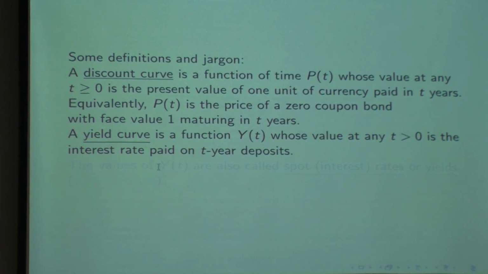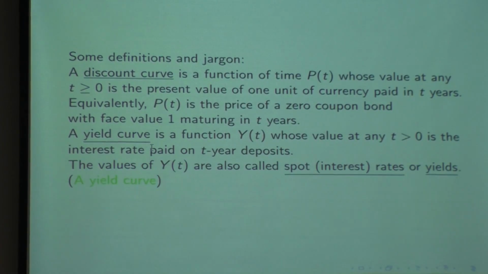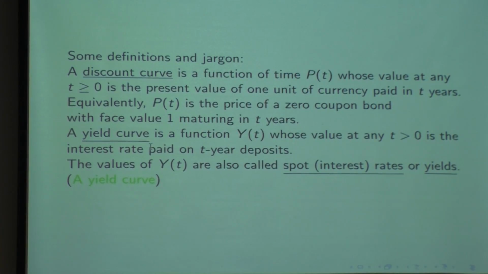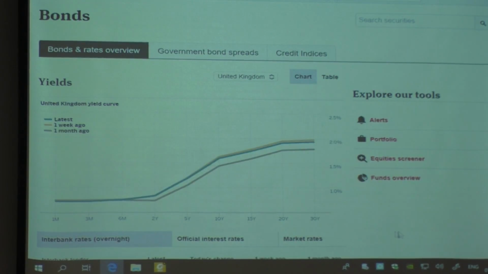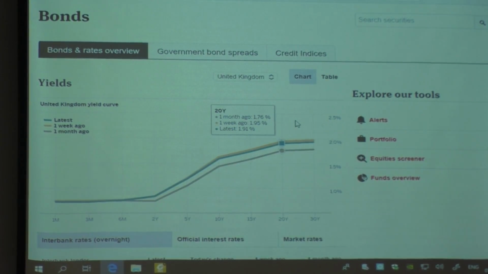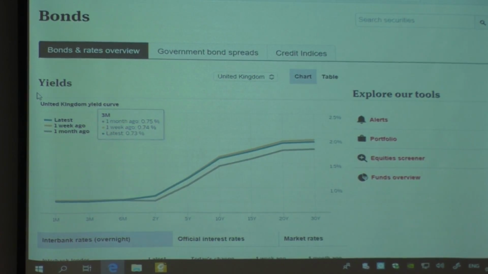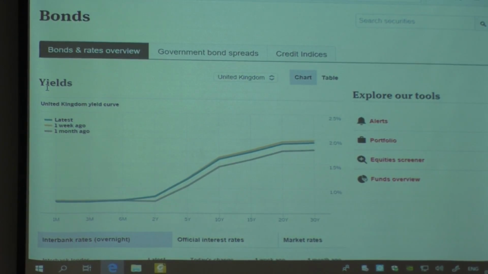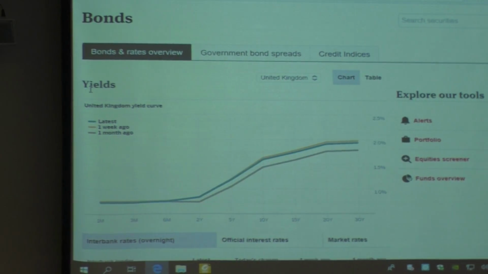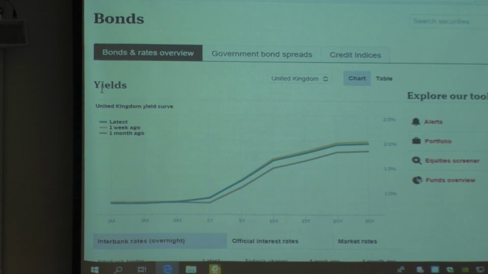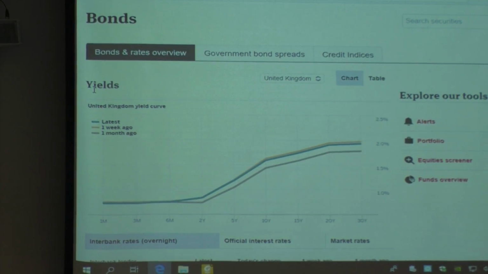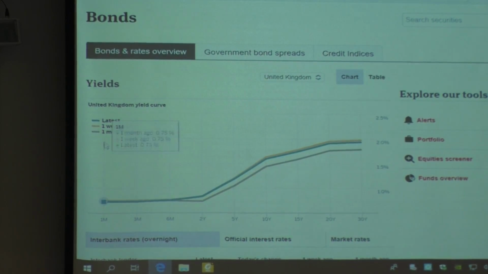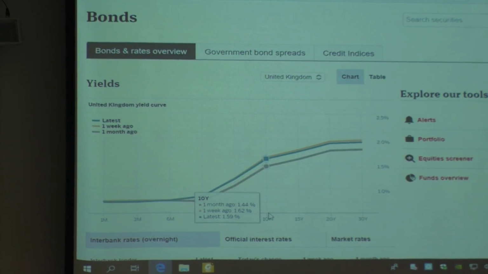So we're going to assume that these functions exist, and I'm going to show you first a picture of them in real life, which is this picture I just managed to find here. So what is this saying? This is telling you about yields. It's a yield curve. And the horizontal axis here is time. When you look at various values there, for example, if you look at y of 10 years, there are various curves here.